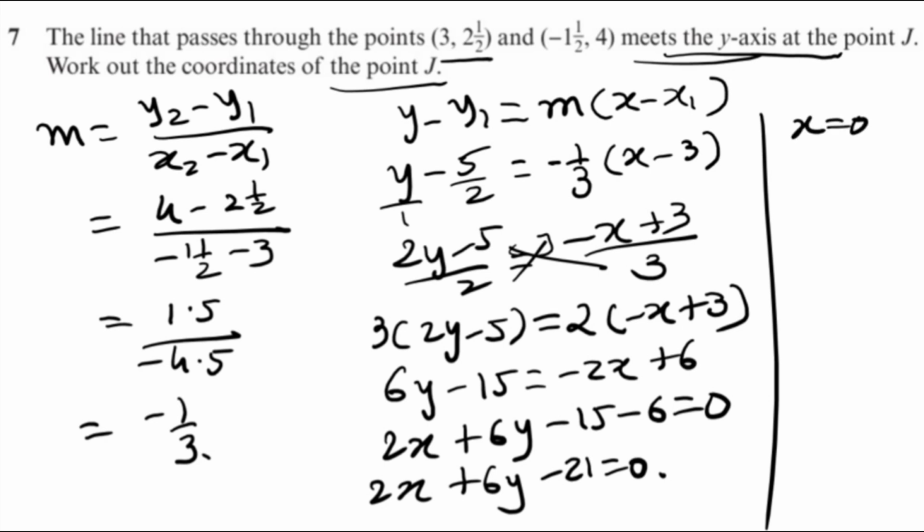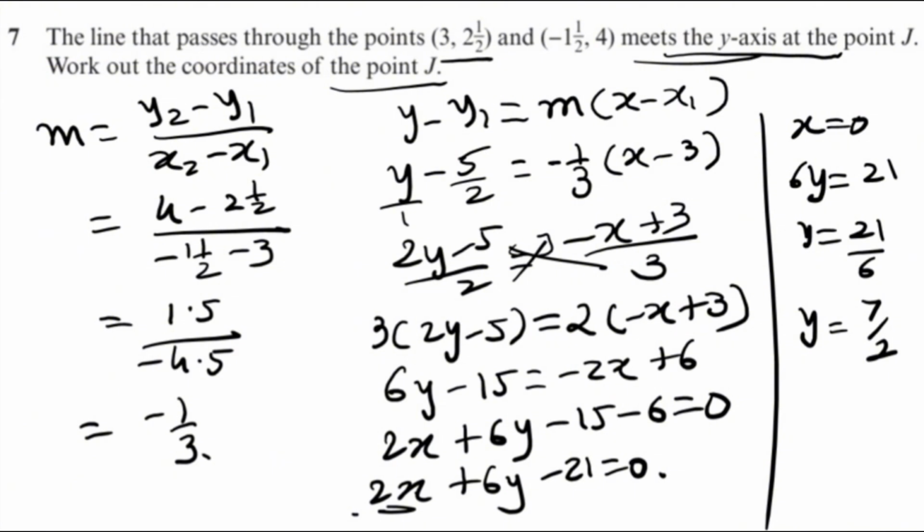So in this equation of line, we are putting x is equal to 0. So 0 times 2 will give you 0. So 6y is equal to 21. So that means y is equal to 21 over 6. So y is equal to 7 over 2.